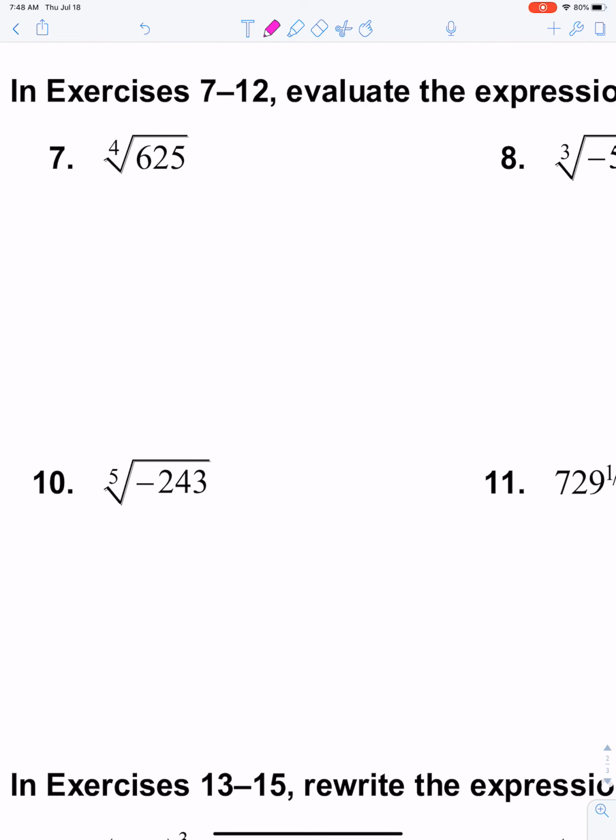So the 4th root of 625 can be rewritten as 625 to the 1/4 power. And when you write it that way, it's easier to enter it into your calculator. You should be able to get the fourth root of 625 to be plus or minus 5.